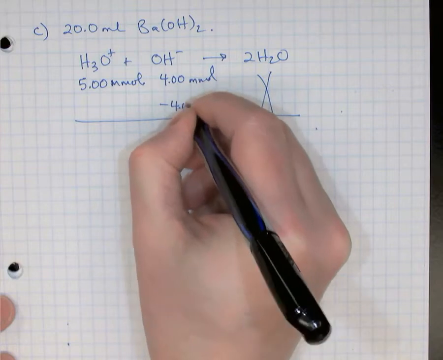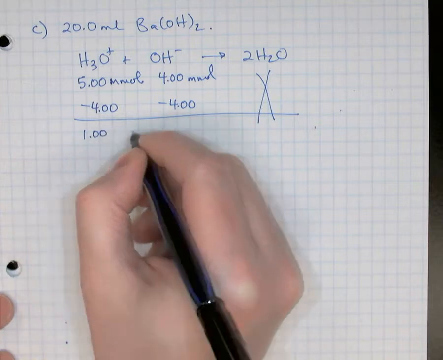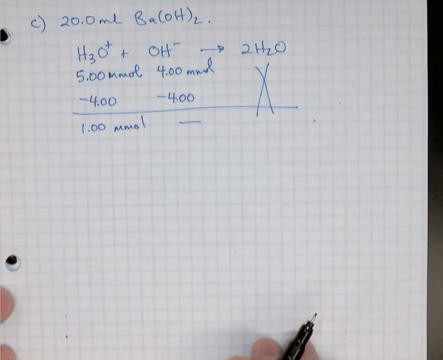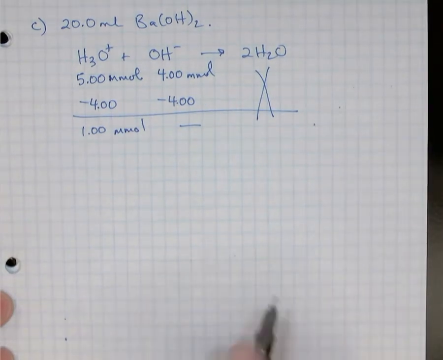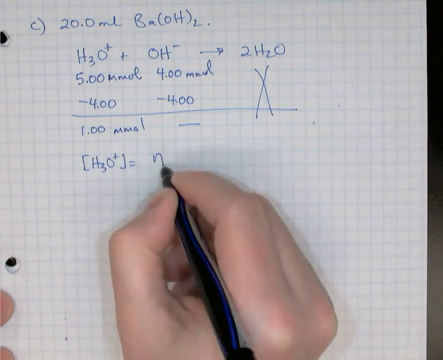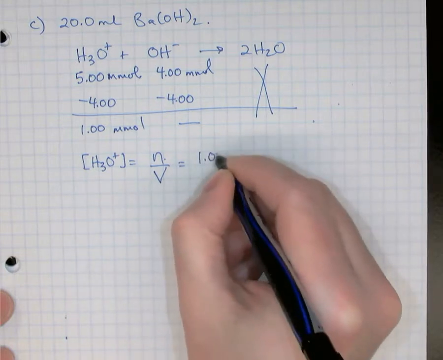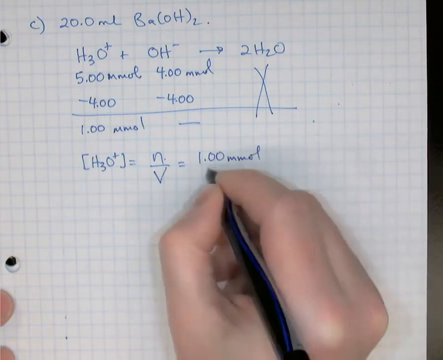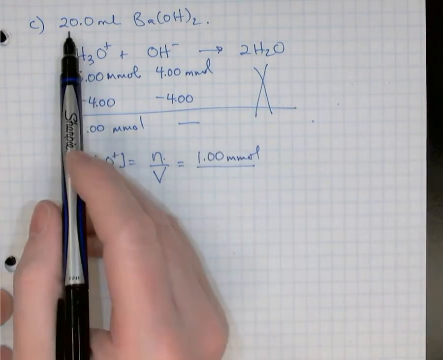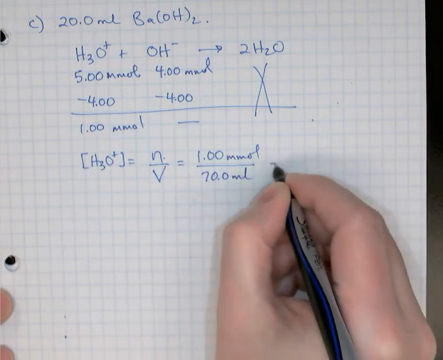So now we'll lose all of this, minus 4, and we've got some leftover hydronium. So again, evidence that we are still before the equivalence point. So now we can say the concentration of the hydronium, moles over liters, or millimoles over milliliters, is 1 millimole over the total volume, which would be the original 50 milliliters plus this 20 milliliters, so we have 70 milliliters in there now.